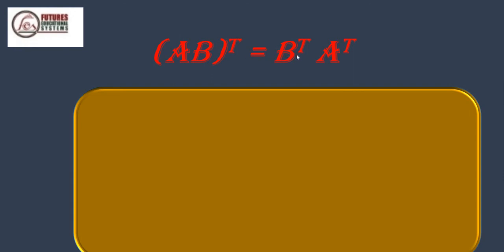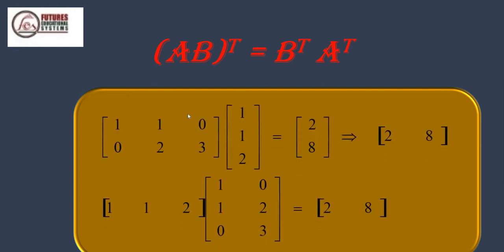(AB) transpose equals B transpose A transpose. Let's check. If we multiply matrix A by matrix B, the result is a column matrix 2 and 8.